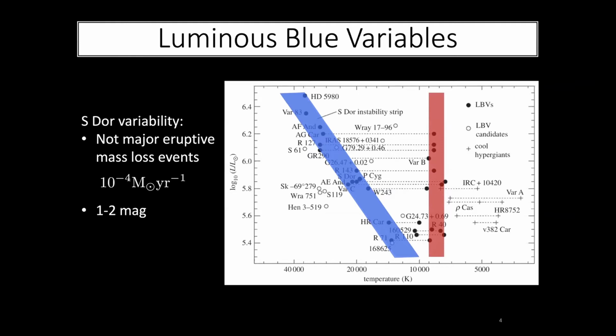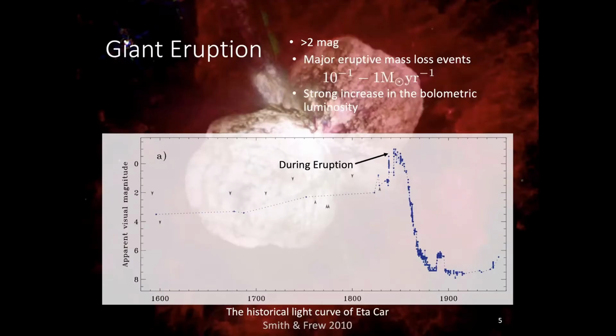In the transition between these two states, they usually, but not always, have constant bolometric luminosities. S Dor variations are not major mass loss events, but some LBVs like P Cygni or Eta Carinae experience giant eruptions. For example, here you can see the light curve of Eta Carinae during its outburst. Giant eruptions are major eruptive mass loss events, and they usually show a strong increase in their luminosities.